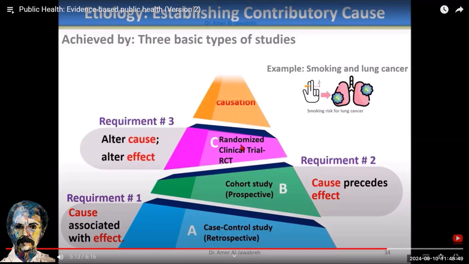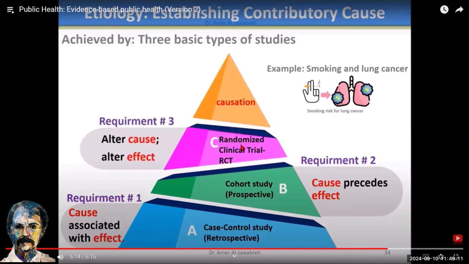These are the best studies you can ever have, but they are expensive and time consuming. You need another 10 to 15 years. So we are talking about tens of years or decades, lots of time plus lots of money and lots of effort. And you need expertise.